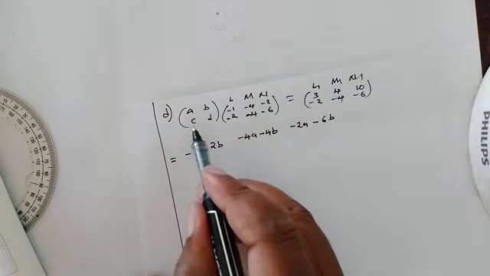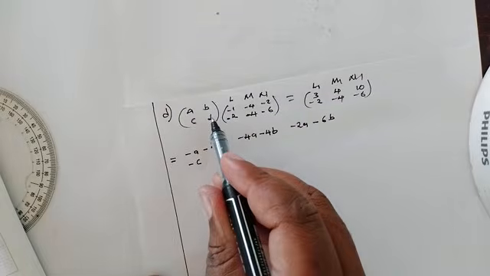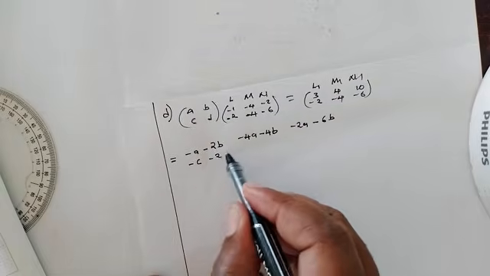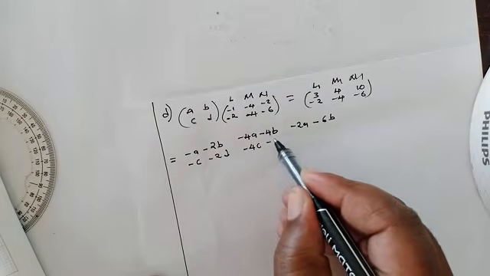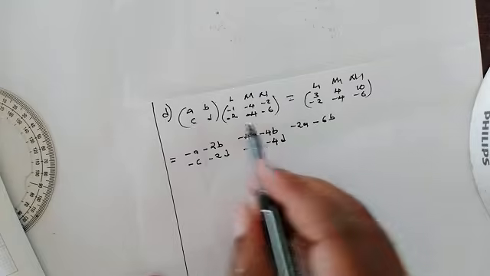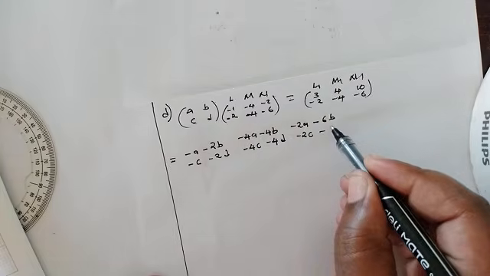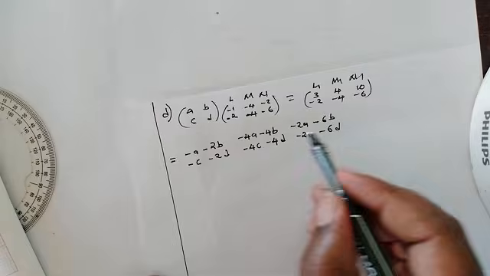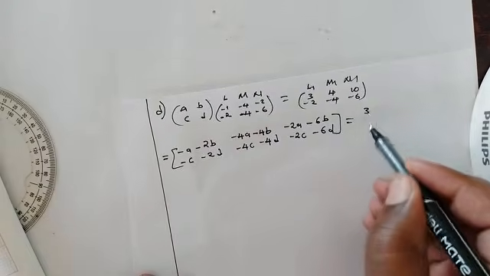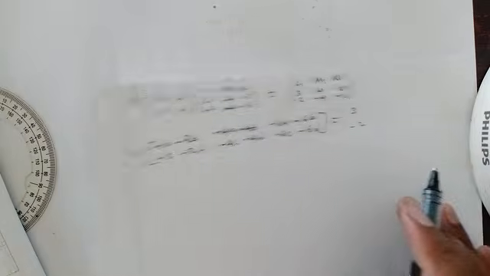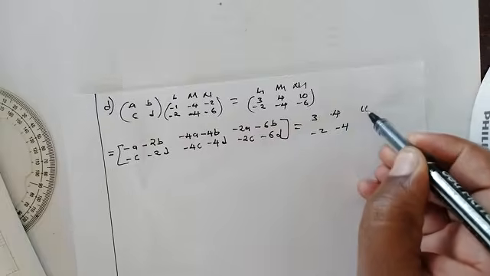Then you come here: this by that -C, D by that -2D, C by that -4C, D by that -4D, this by that -2C, this by that -6D. Here the answer is equal to 3, -2, 4, -4, 10, -6.